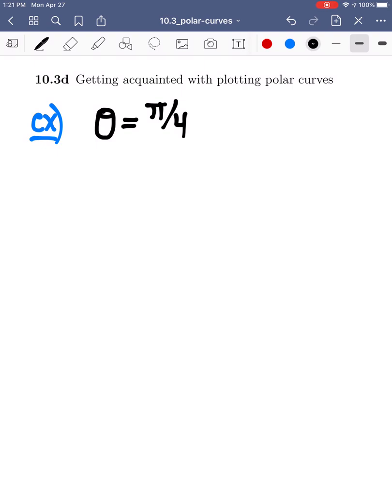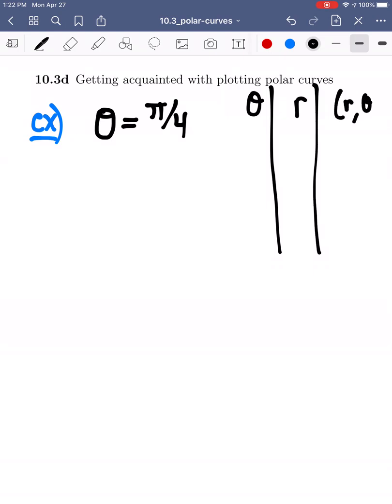Okay, well, let's go ahead and make our table. So we have theta values, we have our r values, we have our r theta values. And, well, we are told that theta, no matter what, is equal to pi over 4.